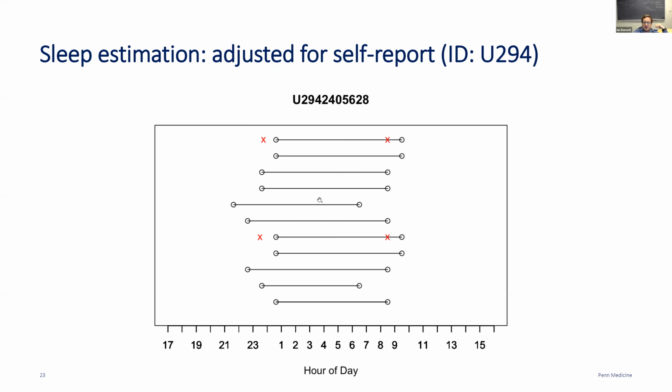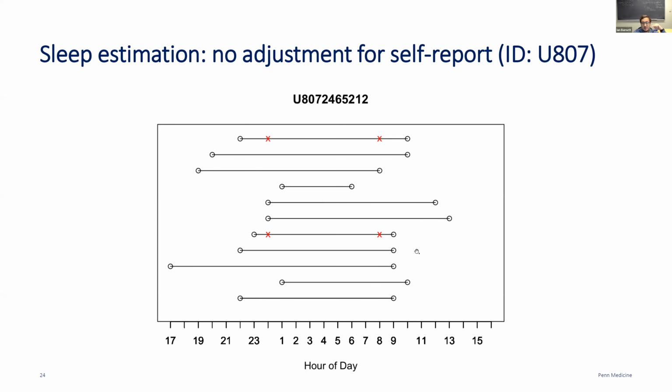Let's look at a more egregious case. This is a person who does not use their phone much. Here, just using the phone alone, we're way overestimating sleep on a consistent basis. Are you telling me that this person slept for 17 hours this night? No, they just weren't using their phone that much that day.